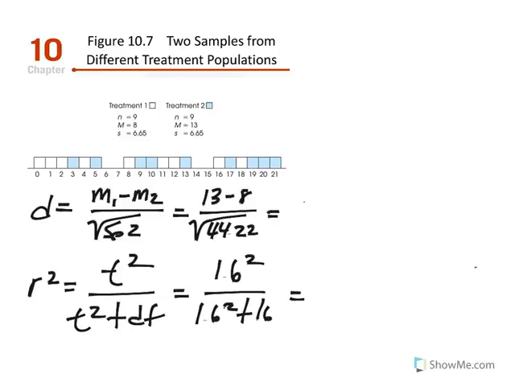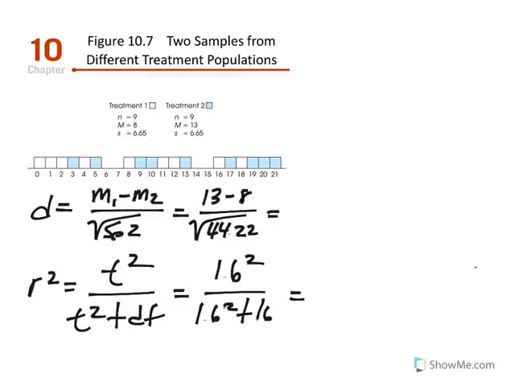So if you take 13 minus 8, that's 5, divided by the square root of 44.22, we should get a statistic equal to 0.137, or we can round to 0.14. I apologize. I'm looking at my notes incorrectly, and that's the value for r squared.